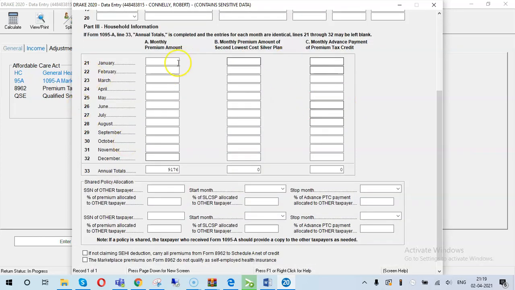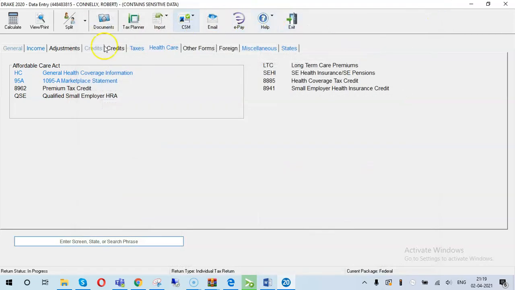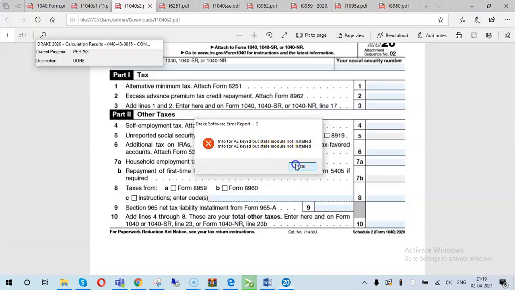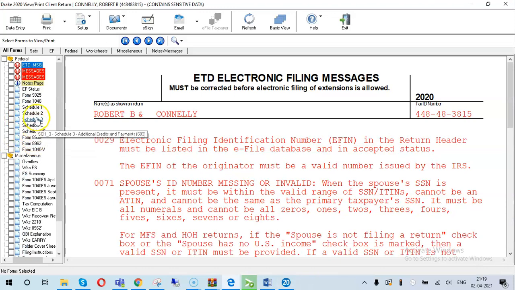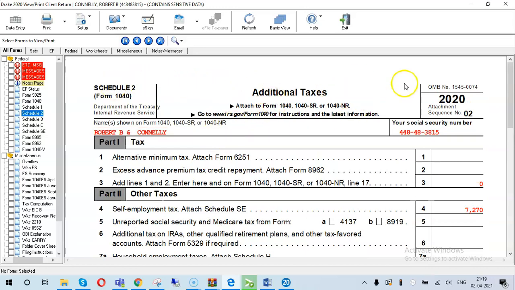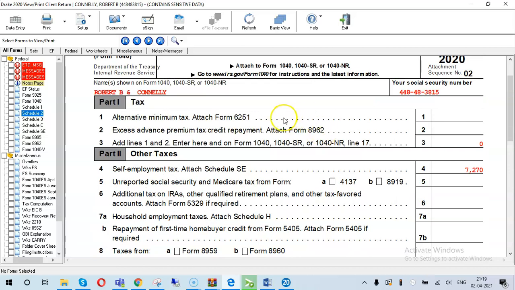You have to include all the details here, and this should flow to Schedule 2. You can see this is the Schedule 2 of 1040. This should flow here.